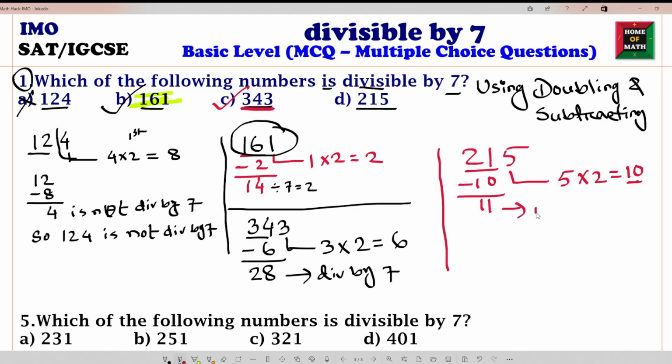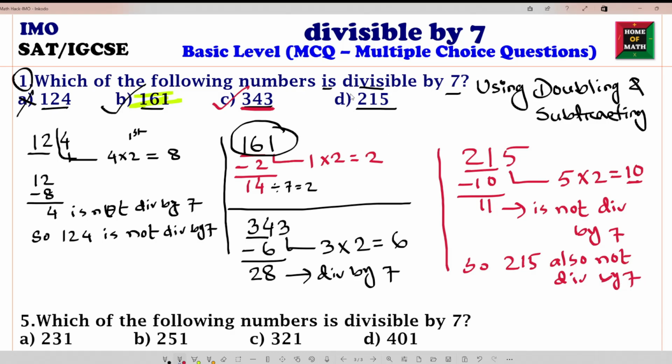Look, 11 is not divisible by 7, so 215 also is not divisible by 7. So our right answers are option B and option C, which are 161 and 343.